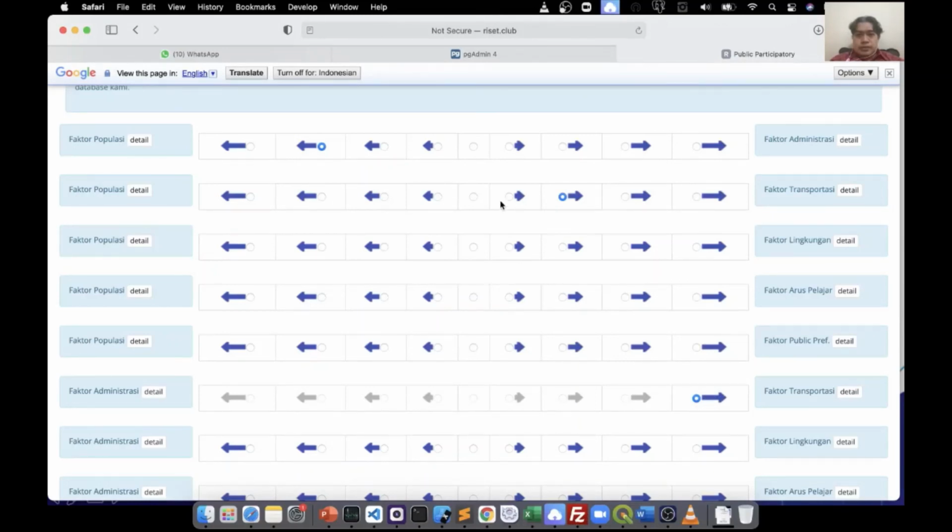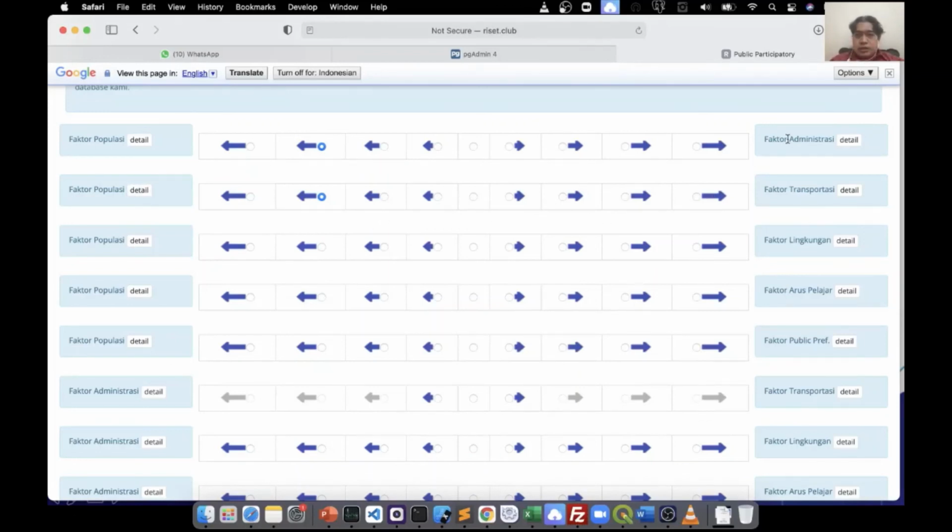Okay, another, for example, this one, it will raise another option here, or this one, for example. Okay, population and administration, population and transportation.